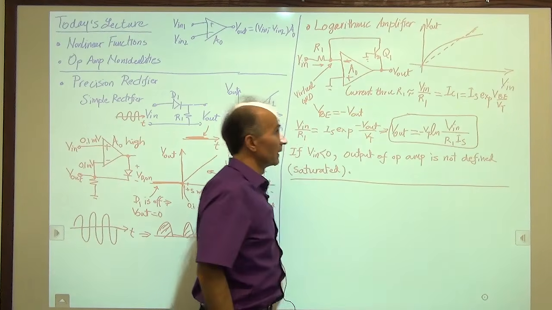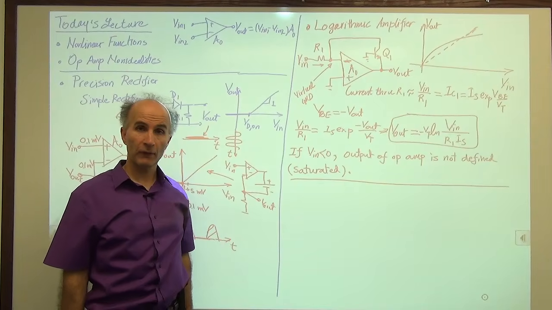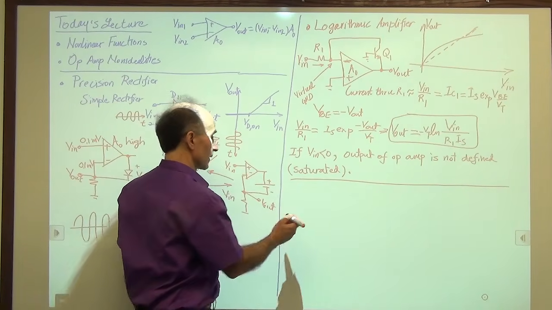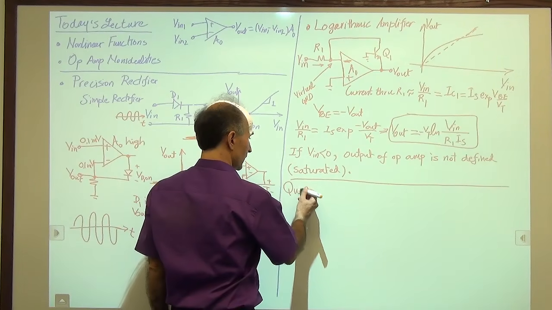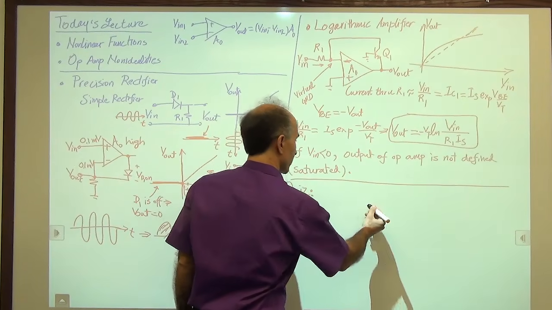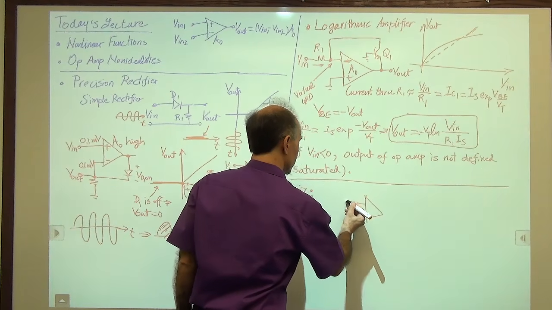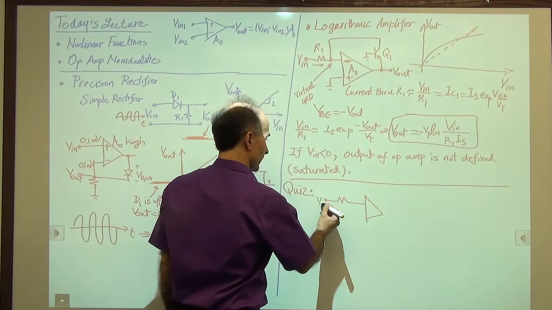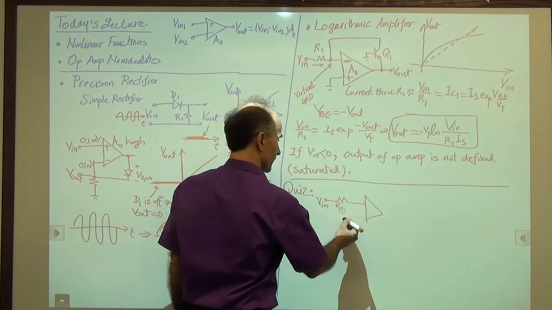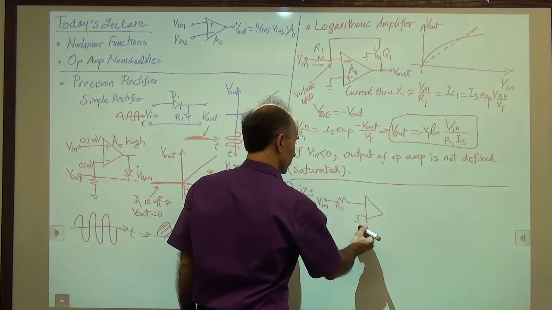All right. So we have time for a quiz. Let's repeat this with a small change. So here's an op amp. We have our input resistor to virtual ground.